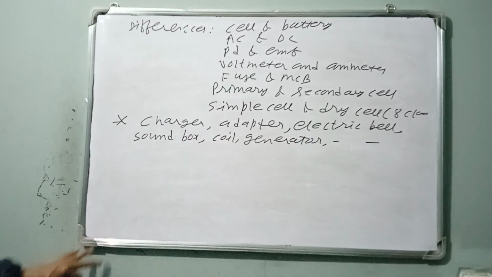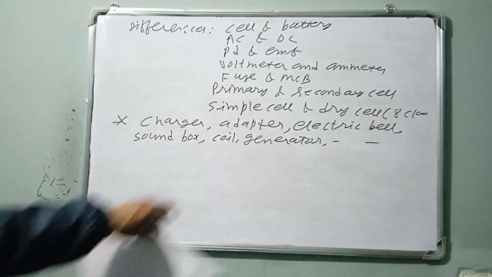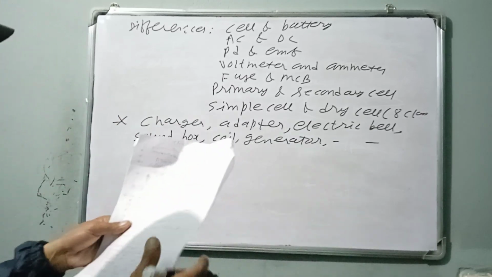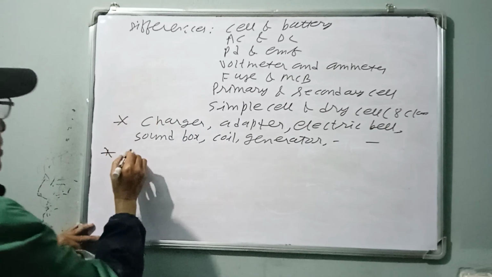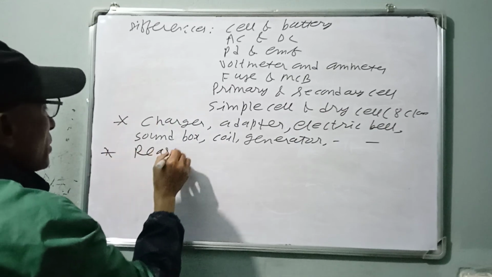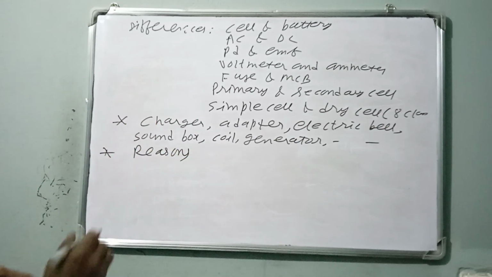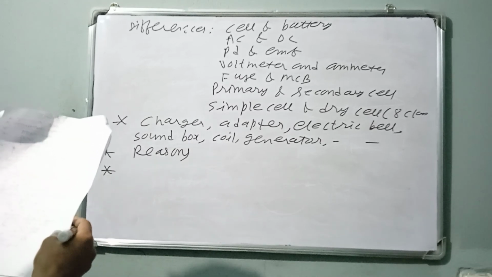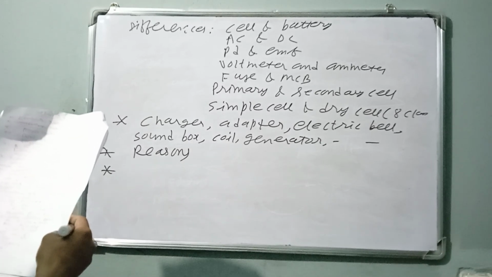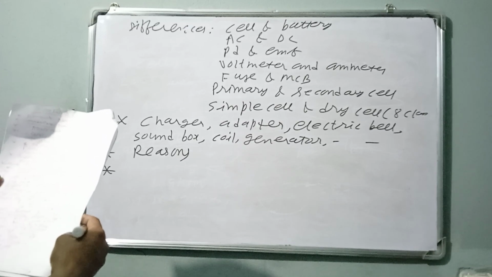So many electrical devices are also there. How to use them in our ways, for what purpose, etc. Some other state-the-reason and logical questions are also there. And another, cell types, primary cell, difference between AC and DC, fuse, full form.